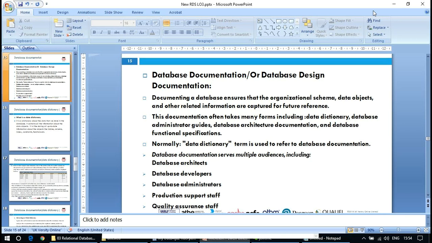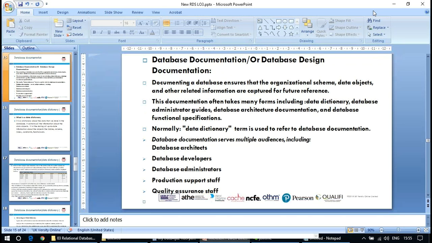Even if you buy a kettle, you get a leaflet that says this is the voltage and these things, isn't it? Yes. So the database documentation ensures that the organizational schema, data objects, and other related information are captured for future reference. Obviously, instructions are given to you for future use.